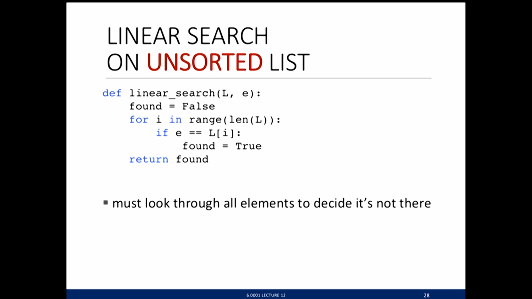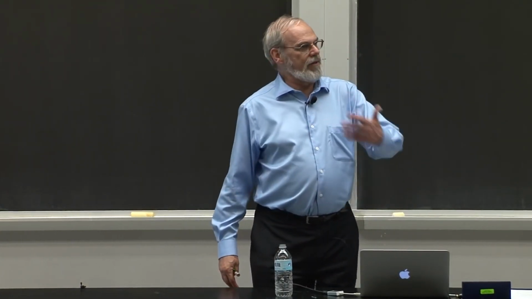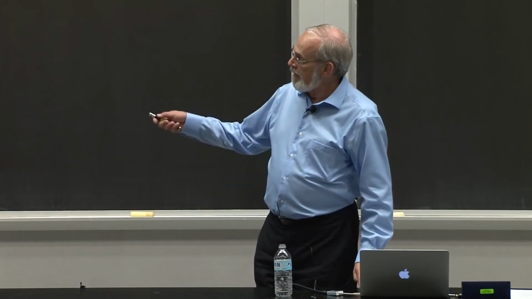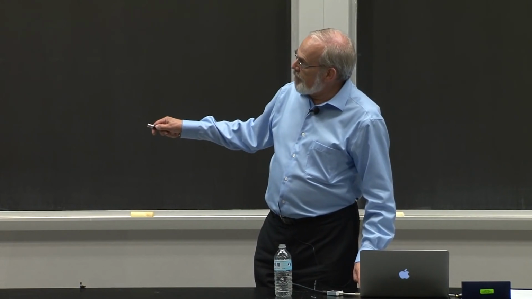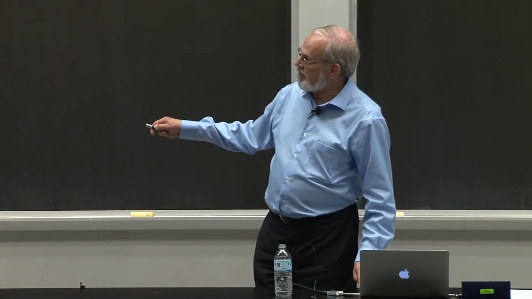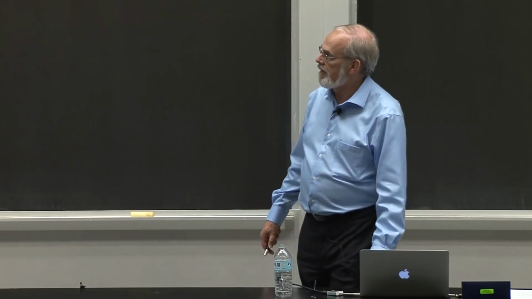So that when I return out of the loop, I can just return found. And if I found it, it'll be true. If I'd never found it, found will still be false, and I'll return it. We could count the operations here, but you've already seen examples of doing that. This is linear, because I'm looping n times if n is the length of the list over there. And the number of things I do inside the loop is constant.